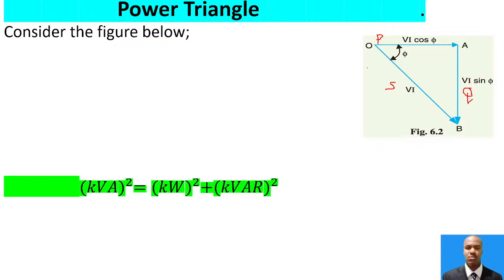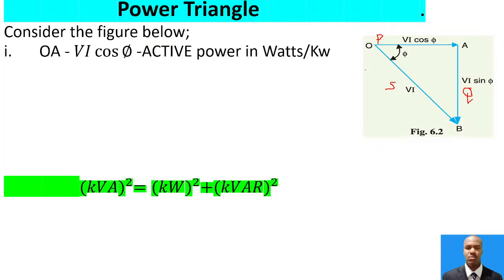So from this figure we can see that from point O to A is represented by V multiplied by I multiplied by cos phi, and that is the real power or the actual power in watts.